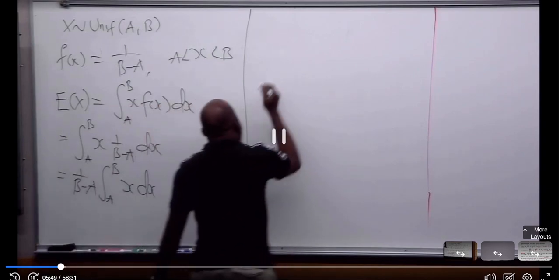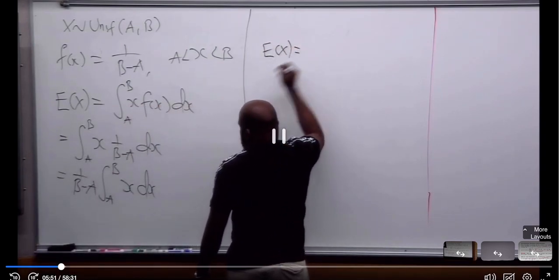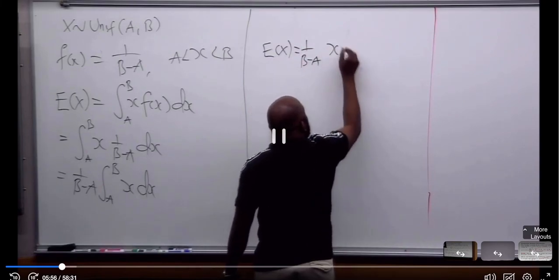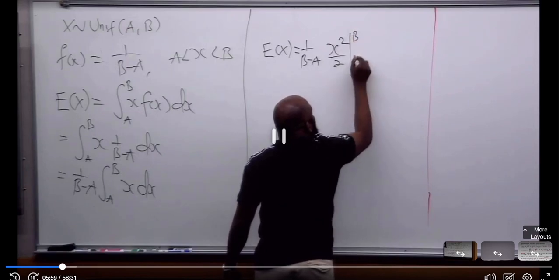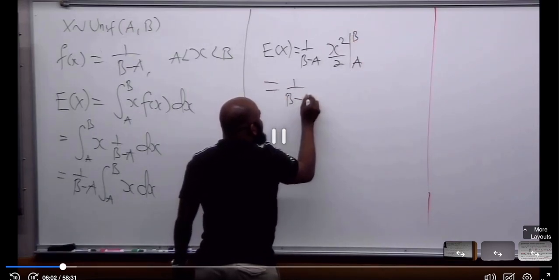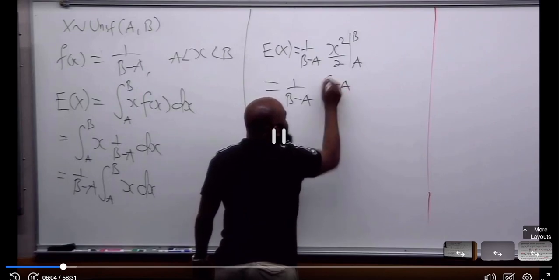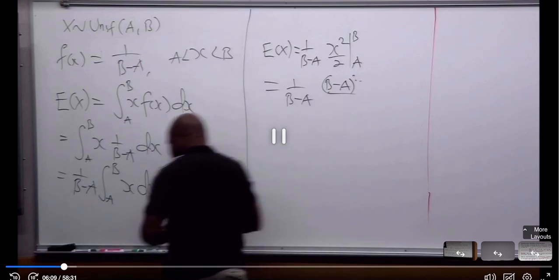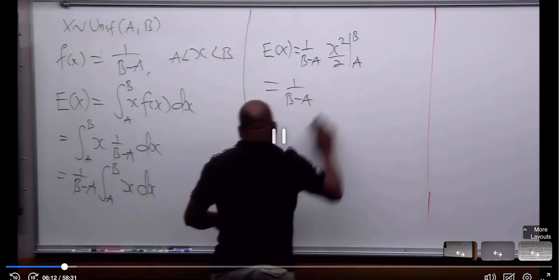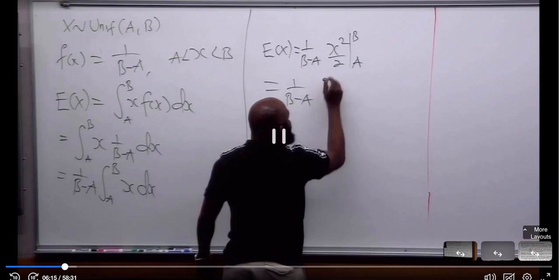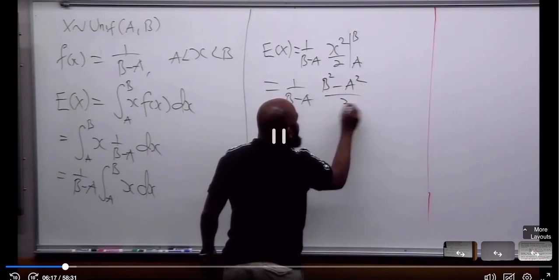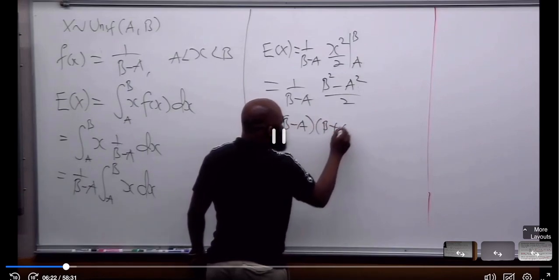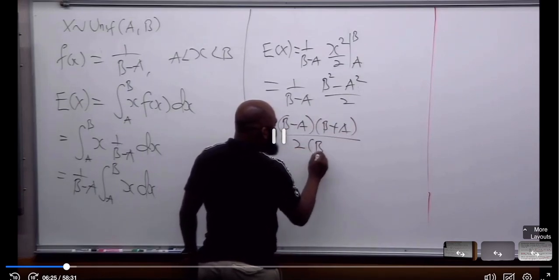If you take a look at that, you have 1 over B minus A times x squared over 2, evaluated from A to B, so B squared minus A squared, divided by 2. Because you plug in B and then you plug in A, this factors as B minus A times B plus A, mathematically speaking.